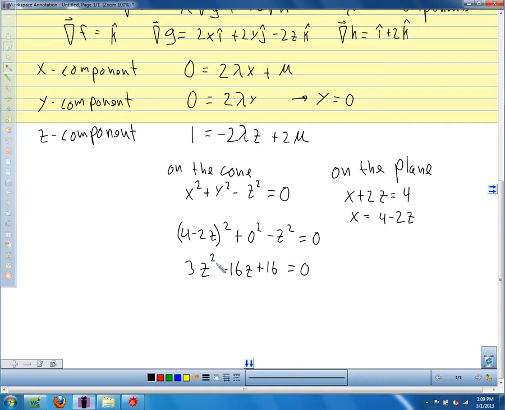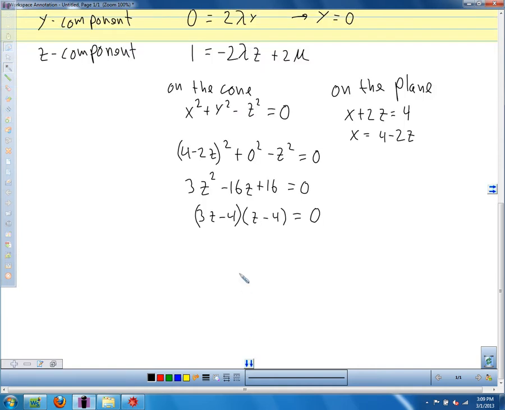Thankfully, this factors. We get 3z minus 4 for one factor, and z minus 4 for the other factor. So z equals 4/3, or z equals 4.